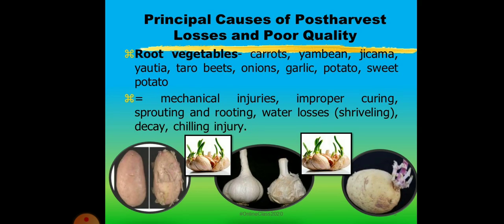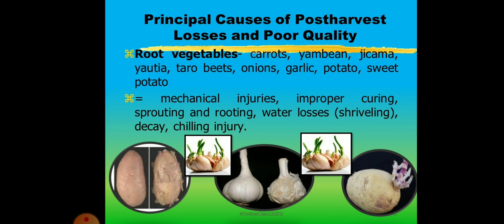Improper curing means that the wound of the produce or the root crop was not duly healed because of excessive heat. Curing means healing of wounds in the produce. It is like treating the wounds of root crops so that diseases cannot enter through them.